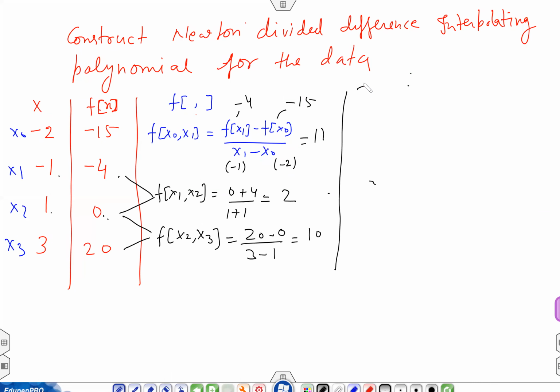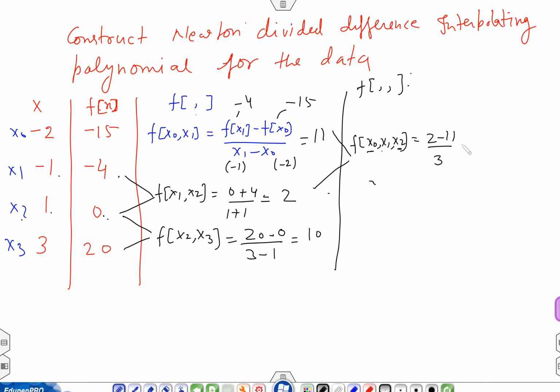Now the next value. Using these values, you are computing f of x0, x1, x2. So this is 2 minus 11 upon x2 minus x0. x2 is 1 and x0 is -2, so 1 plus 2, that is 3.